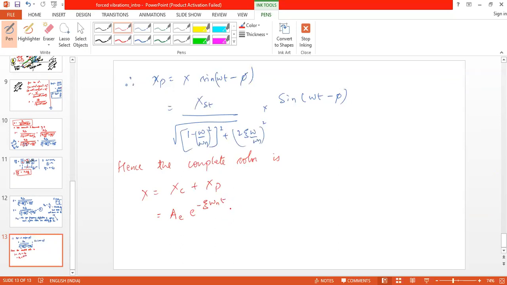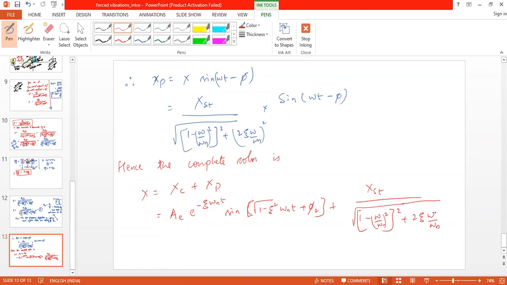That is A2 e power minus zeta omega n t sin of (root of 1 minus zeta square, omega n t plus phi 2), plus x_st by root of [1 minus (omega by omega n) whole square] whole square plus [2 zeta omega by omega n] whole square, multiplied by sin(omega t minus phi). Is it clear? Yes, sir.